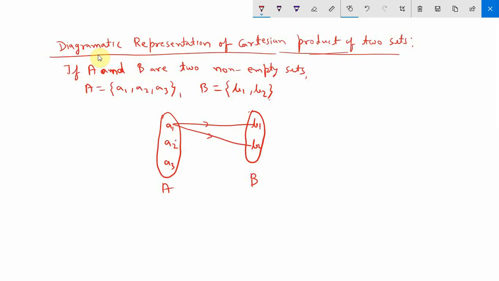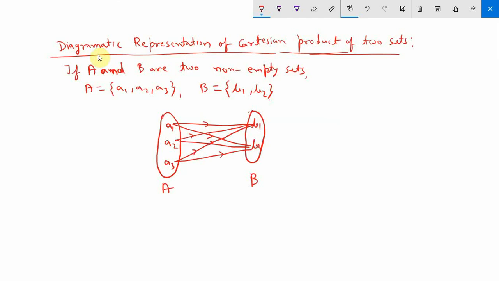Next we will consider A2, it will start from A2 and terminate at set B elements. Again with A3 we will get A3 B1, next A3 B2.